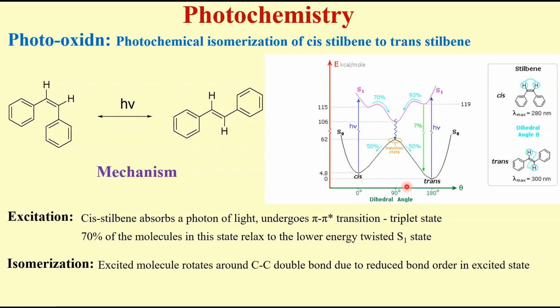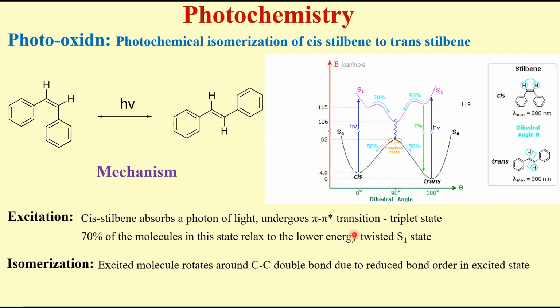In a similar fashion, trans isomer also absorbs energy of wavelength 300 nanometer and gets excited to the singlet state. Out of that, 93% gets converted into the lower energy twisted S1 transition state, and this undergoes intersystem crossing to get into the triplet state.